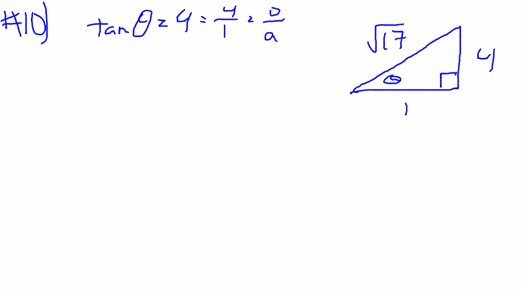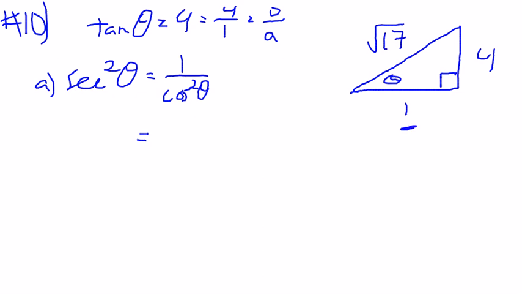Alright, now A. So now I'm going to use this triangle to answer all the questions, which is kind of nice. So A asks for secant squared of theta. So you need to know what secant is paired with. Secant squared is 1 over cosine squared theta. Cosine is equal to adjacent over hypotenuse, so that's 1 over root 17.